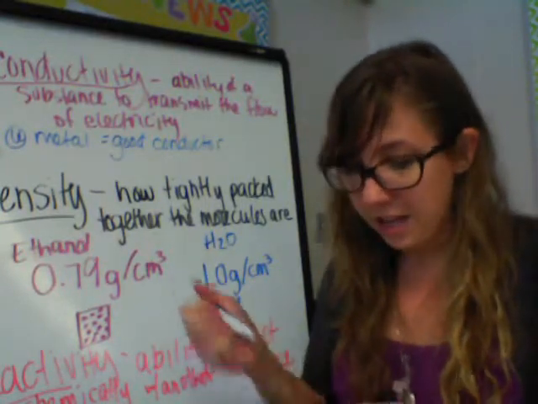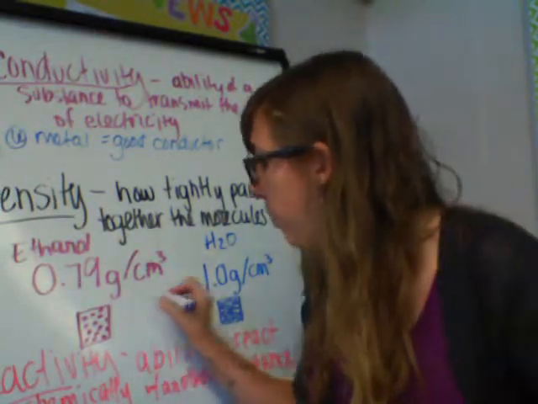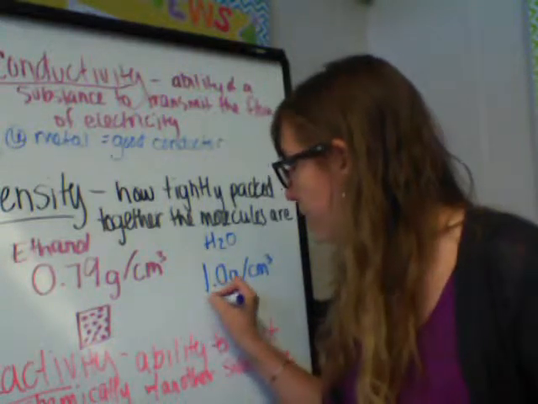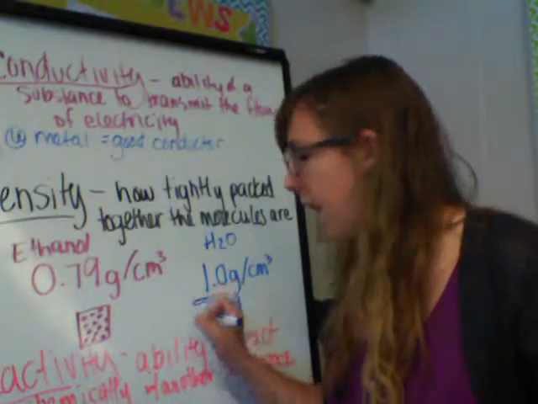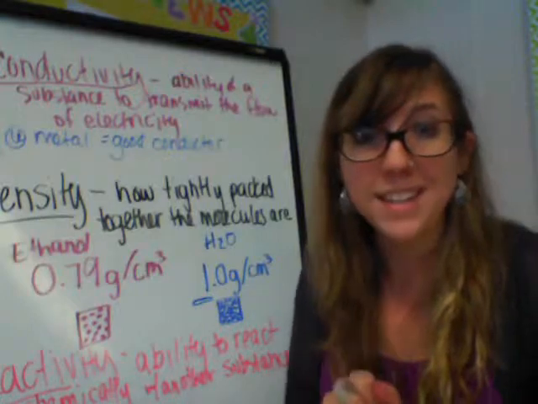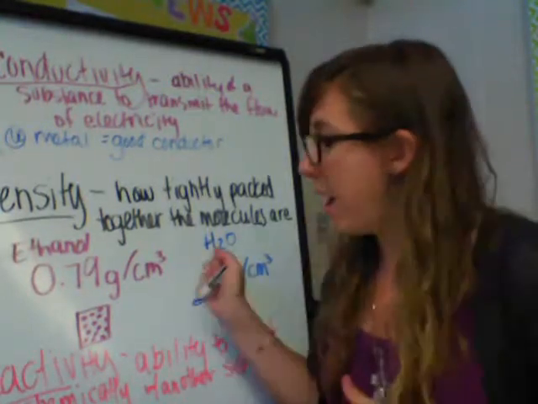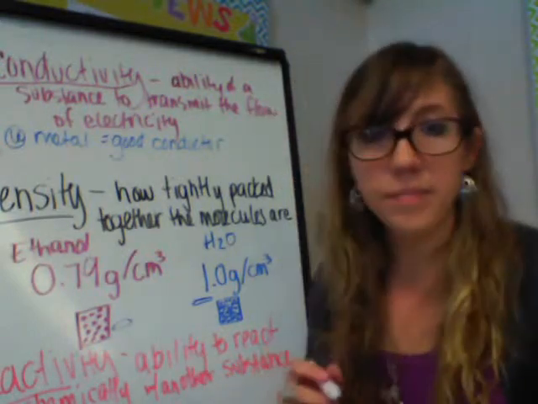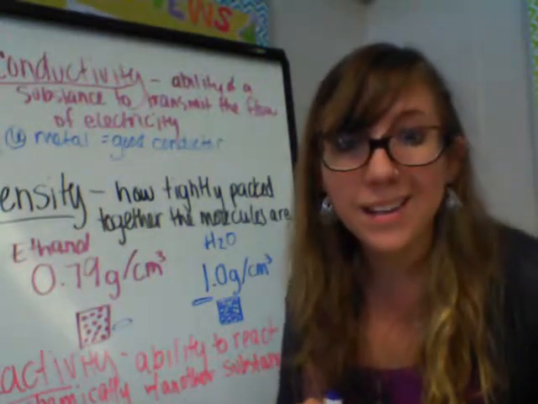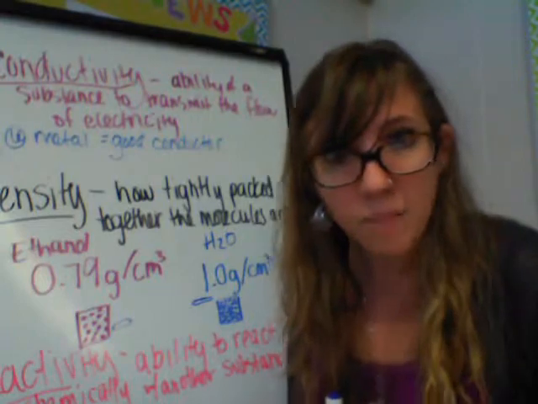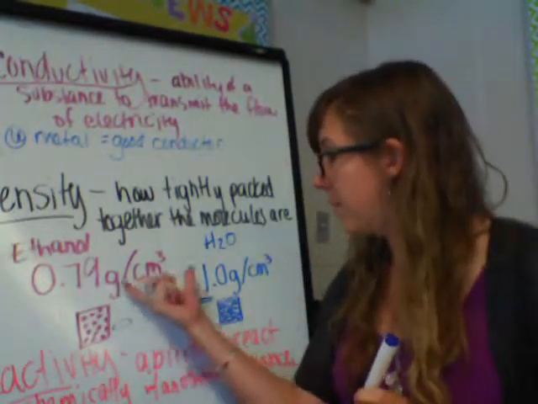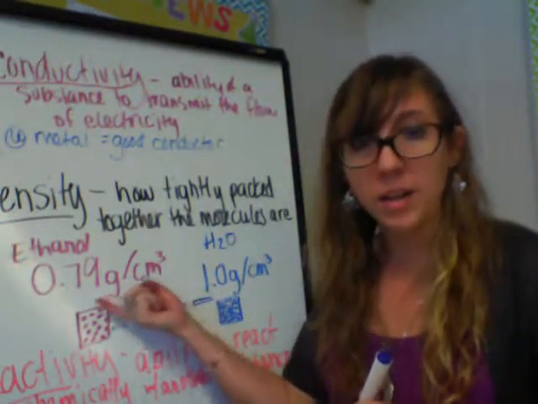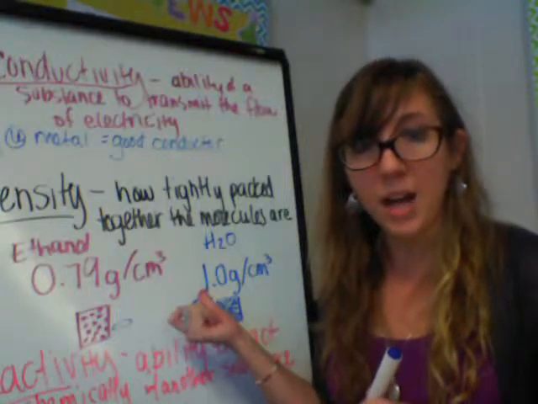Let's say that I had something and it floated at the top of water. That means it is less dense than water. But let's say in ethanol it sinks. That would mean that it is more dense than the ethanol. So the density is going to be somewhere in between 0.79 and 1.